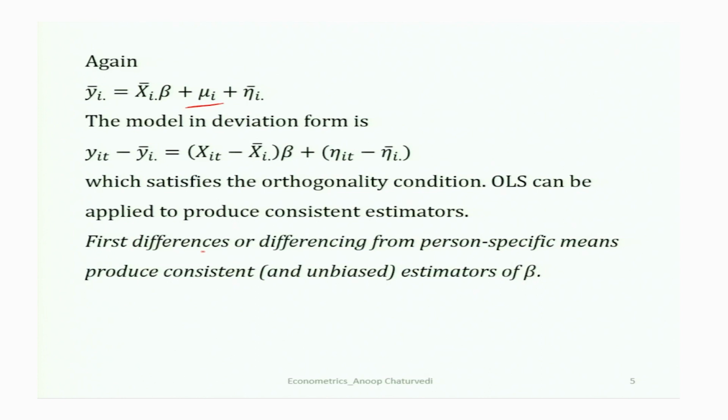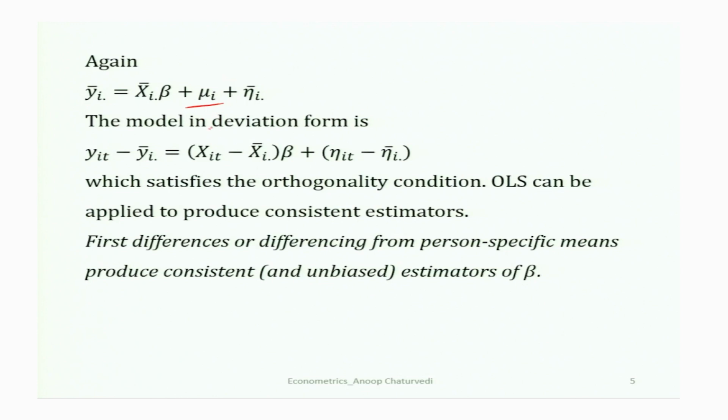So, the first differences or differencing from person specific means like this produce consistent and unbiased estimators of beta. In fact, any transformation through which you can get rid of this mu i can work.